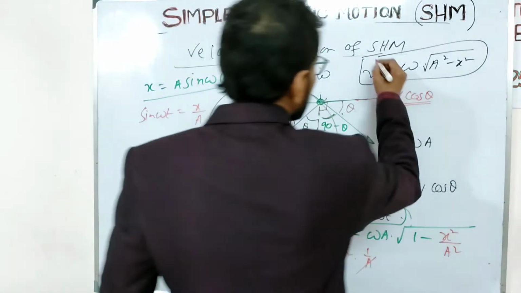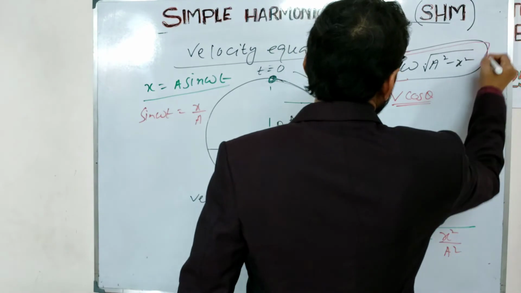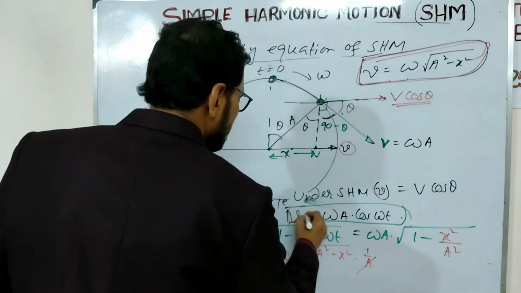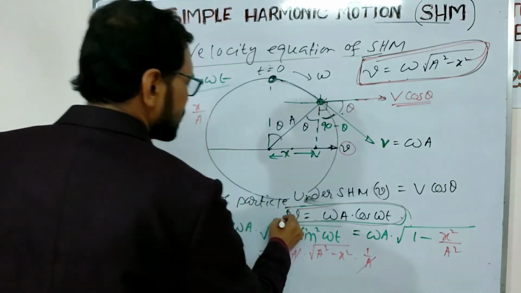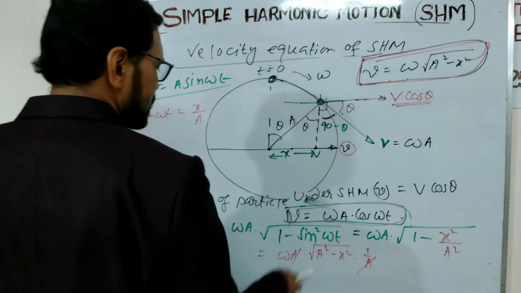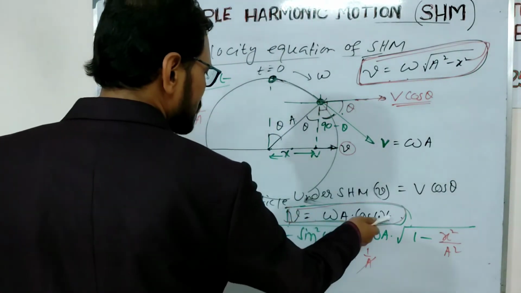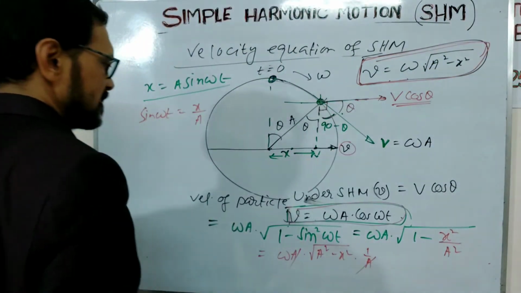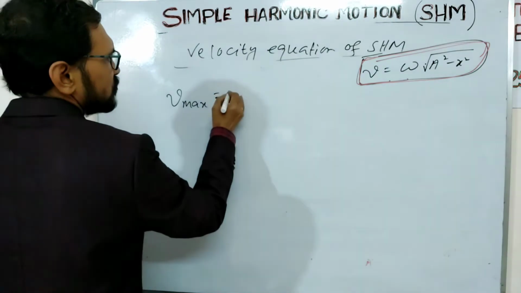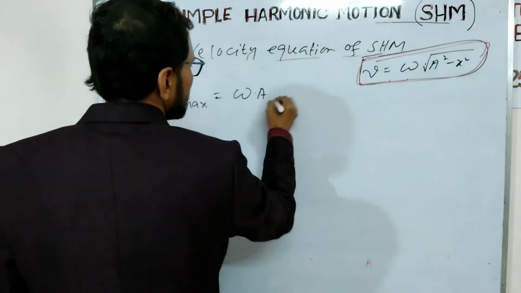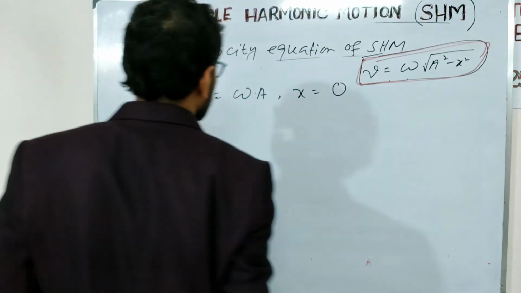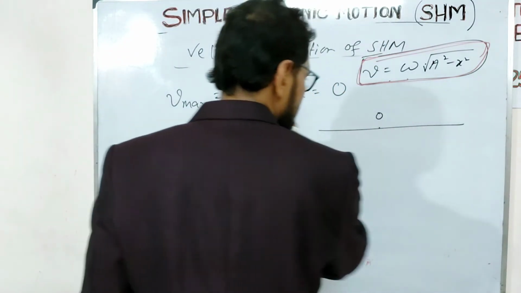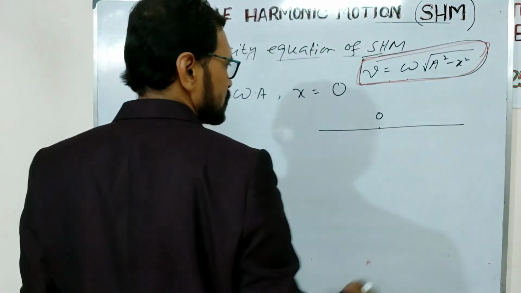Students, remember this formula in terms of x, and this formula in terms of time. These are the two velocity formulas, one in terms of time and one in terms of displacement. Velocity maximum will be omega into a when x equals 0.